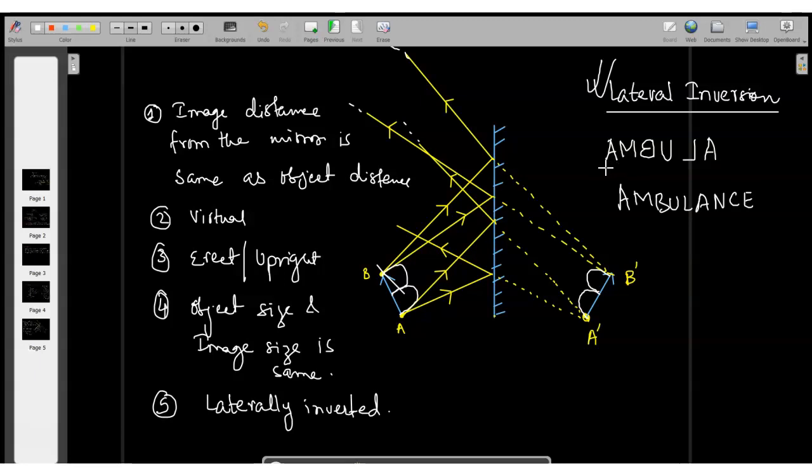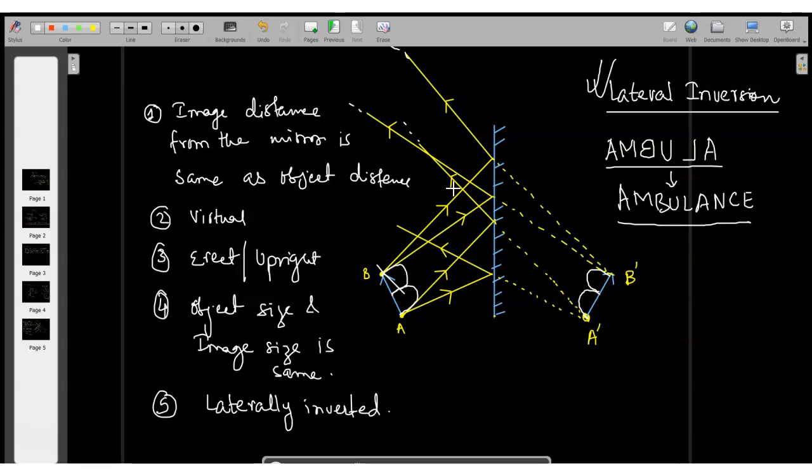That is why on the ambulance it is written in a laterally inverted manner, so that when you see it in the mirror, it again gets laterally inverted and comes in its original form. And then you can make out, okay, there is an ambulance at the back and we need to give space for the ambulance to go.